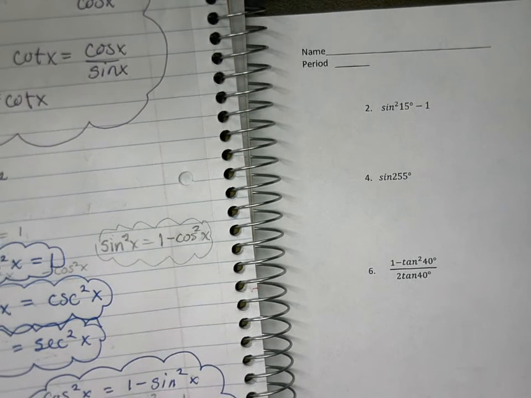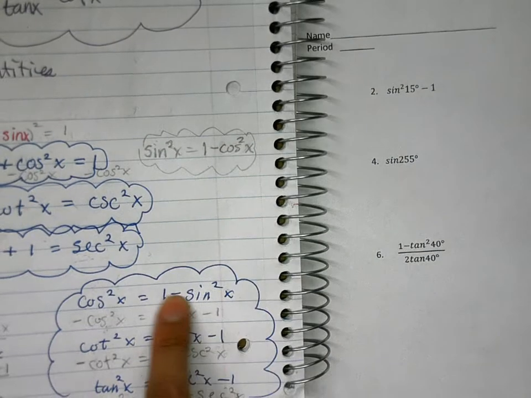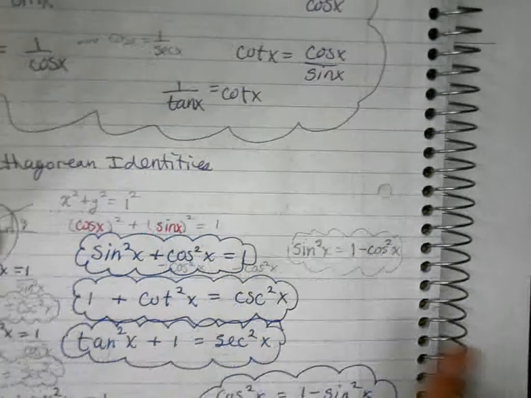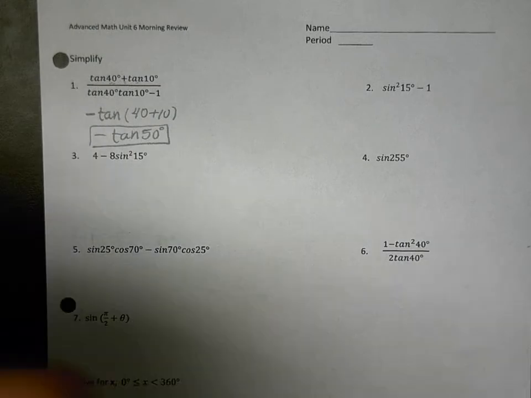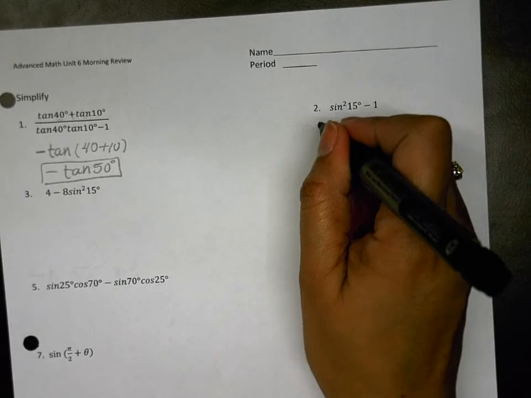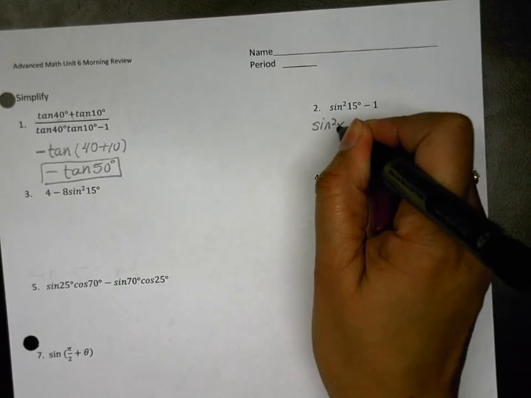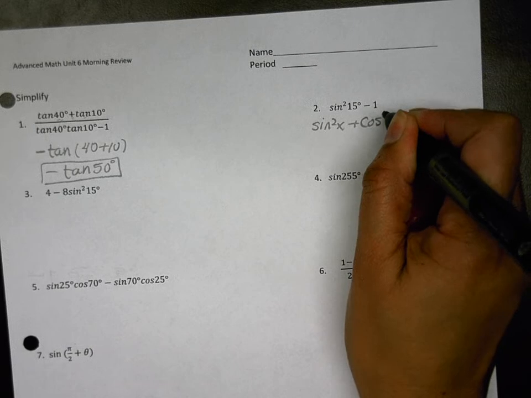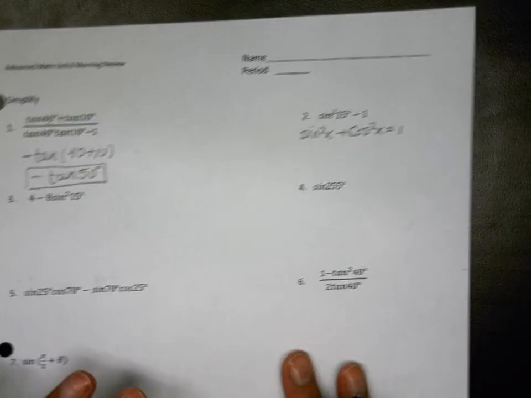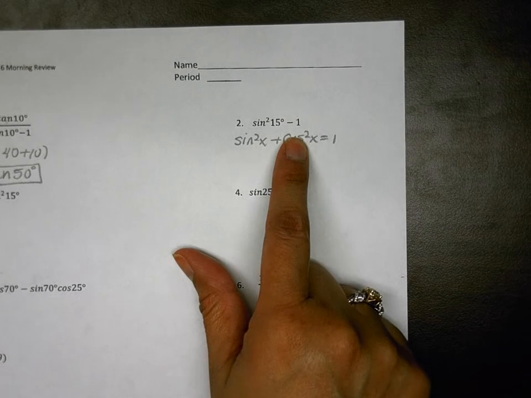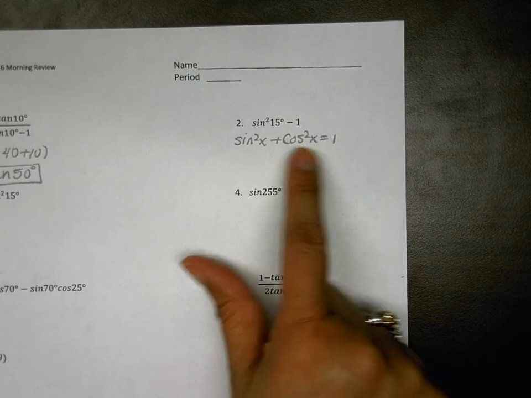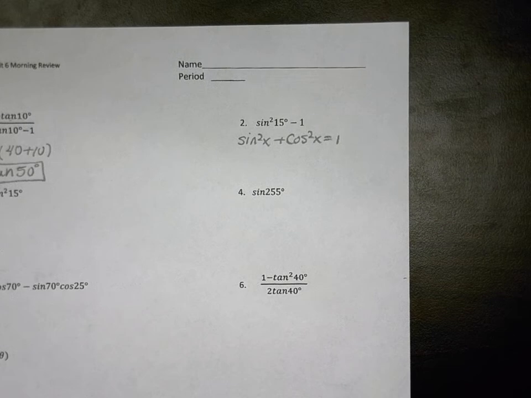And you most likely don't have your rearrange written, so I'm going to go here. Sine squared plus cosine squared equals 1. And that's what I'm going to write down. Sine squared x plus cosine squared x equals 1. I'll put the 15 in after. Can you guys rearrange in your head? Sine squared minus 1. And if you don't like it in your head, then put it on your paper space.